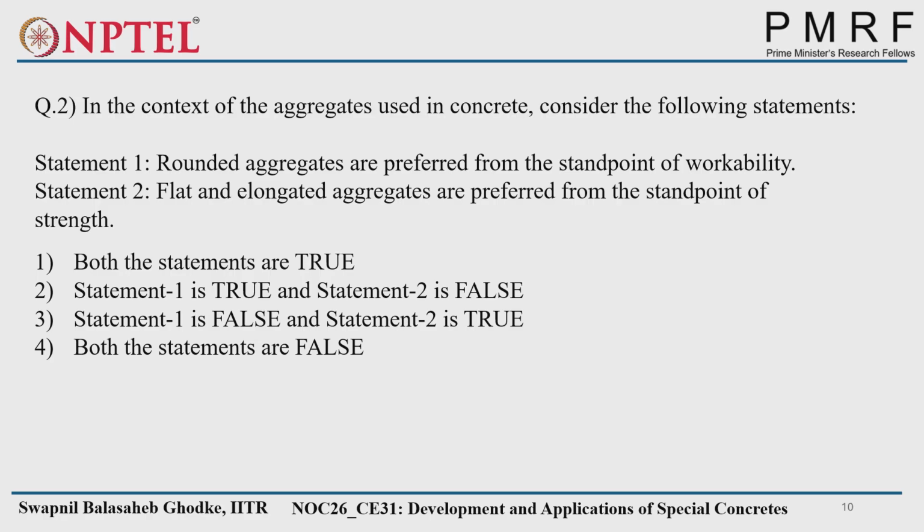Can anyone tell me why it happens? Rounded aggregate gives more workability and flat and elongated aggregates will not give, right? What is the reason for the second one being wrong? Why?